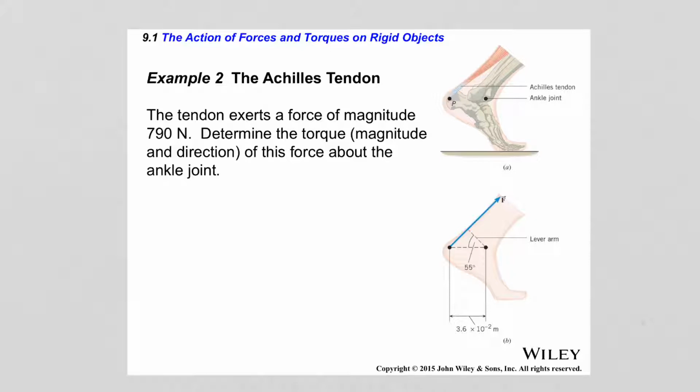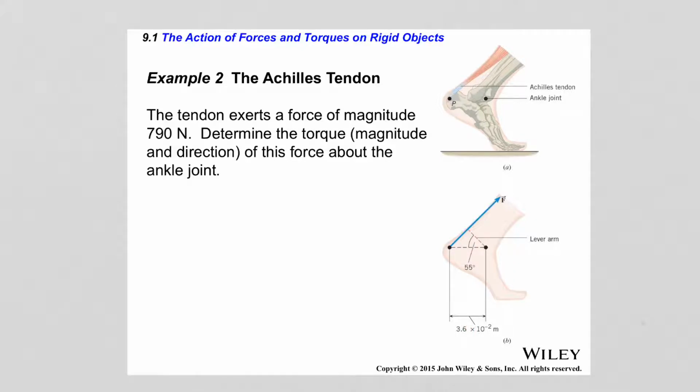So force F acts along a line that is not perpendicular to the distance between the axis of rotation and point P. So therefore the lever arm is the perpendicular distance shown here from the axis of rotation to the line of action of the force. And we know that this angle here is 55 degrees, and the distance between point P and the axis of rotation is 3.6 times 10 to the negative 2 meters.